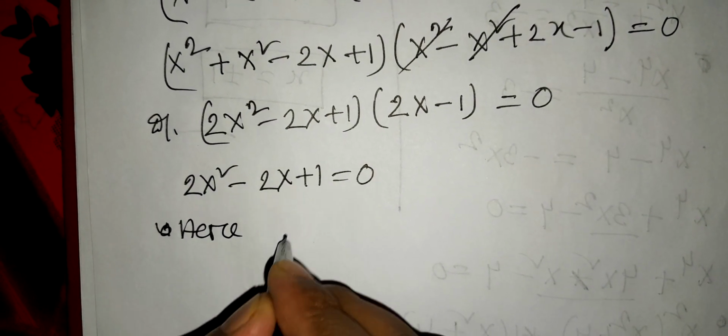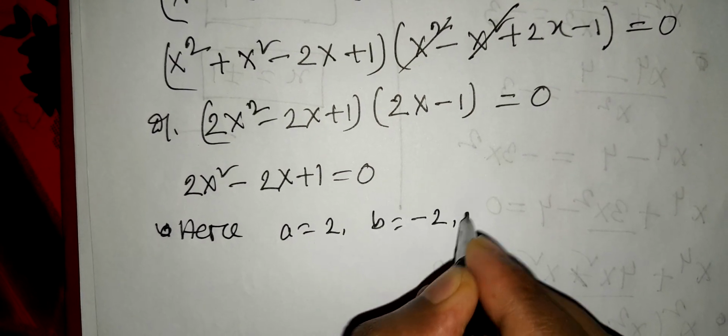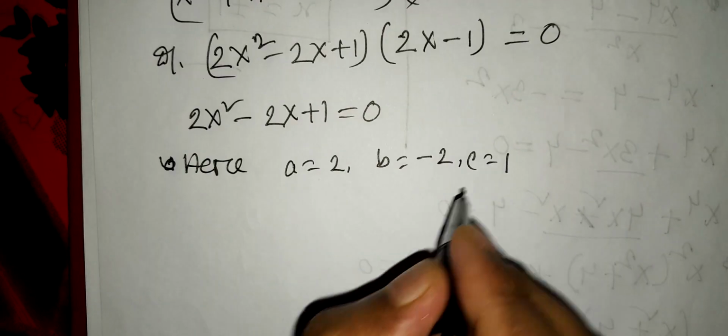Here a equal to 2, b equal to minus 2 and c equal to 1.